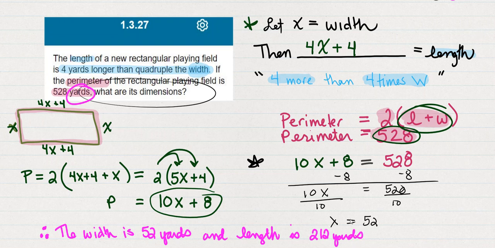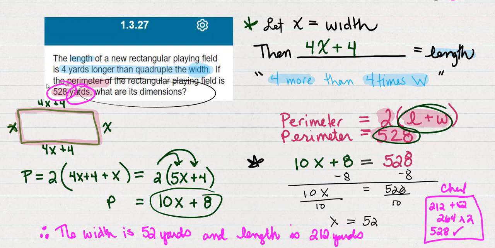Before I say that this is done, let me do a quick check. If I take that 212 and add it to the 52, I get 264. And if I do that 264 times 2, I'm hoping I get 528, and sure enough, I do get the 528. So I can call this problem done.